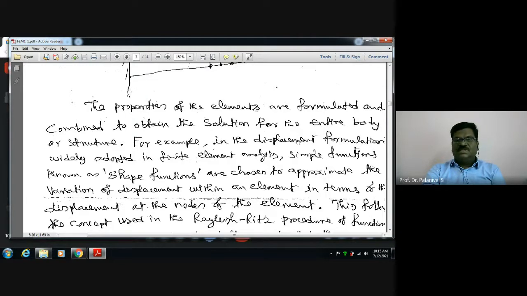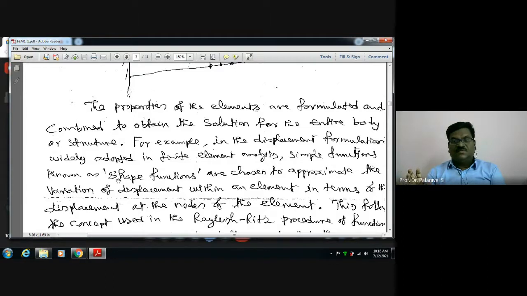Okay, so the displacement of field variable formulation is widely adopted in finite element analysis. Simple functions known as shape functions, all of you listen very carefully, are chosen to approximate the variation of displacement within an element in terms of the displacement at the nodes of the element.